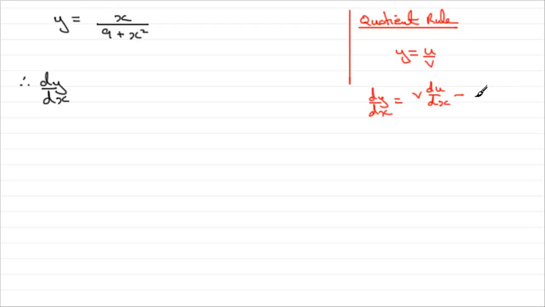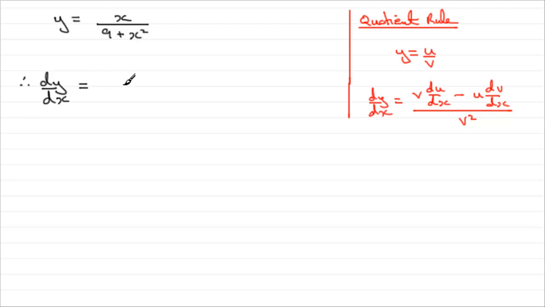You do the top of the fraction, u, times the differential of the bottom of the fraction, that would be dv by dx, and all of this is divided by the bottom of the fraction squared, v squared. So that's the quotient rule, and we need to be able to use that here.